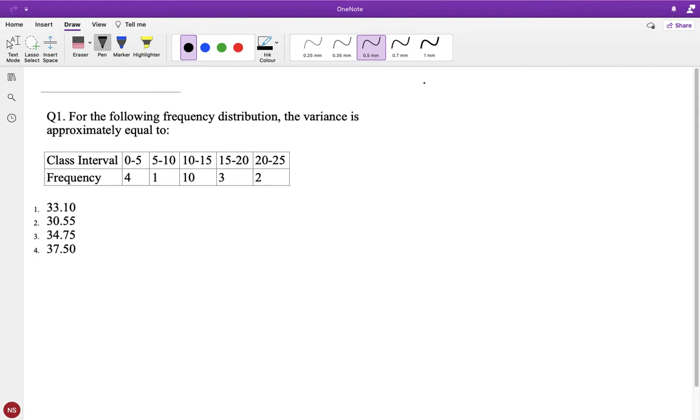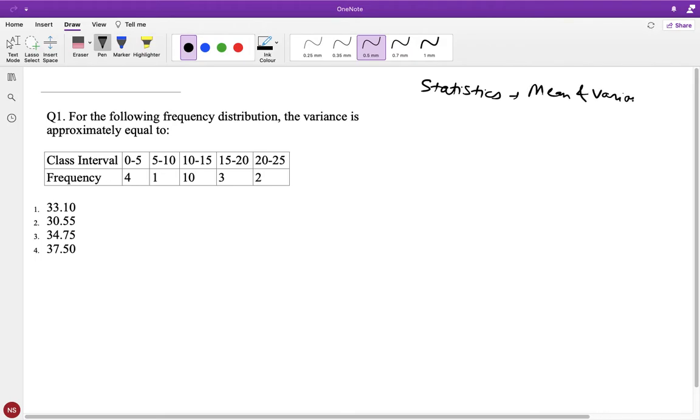Two are related to statistics, mean and variance problem, very easy questions, and then a few probability questions, and in the end they have questions on probability distribution and Poisson distribution. Okay, so let us just start with the problems.